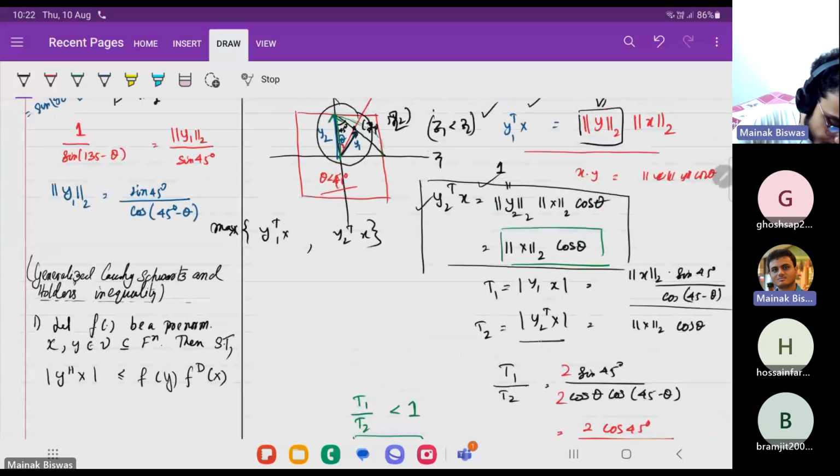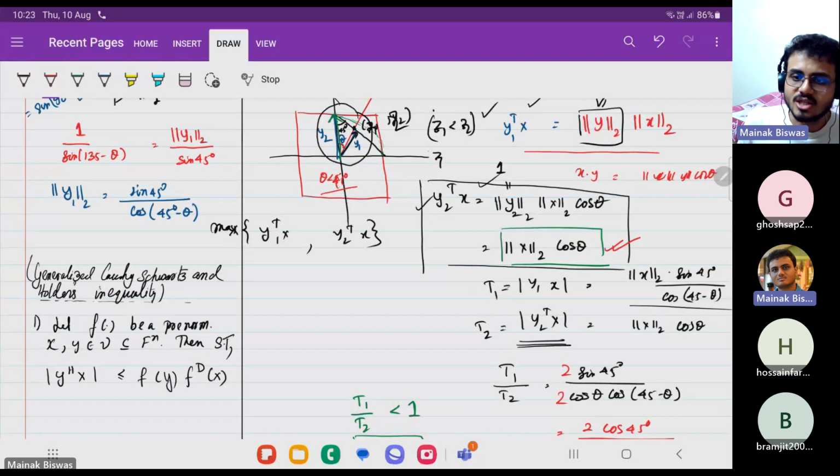T2 is this term, right? This term. So I ended up projecting X to the largest component. It is clear, right? Which is also equal to the first norm, which will be equal to the same thing that we have done. Good.